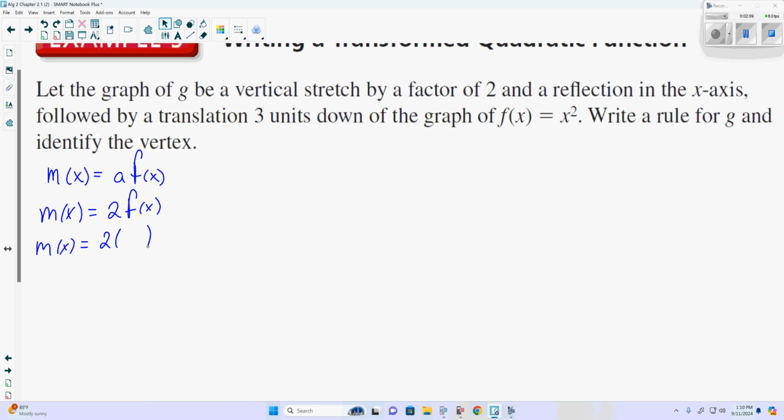Well, f of x, as it's solved by us here, is the equation x squared. So we can replace f of x with its equation, which is just x squared. And if we multiply these two here, we get 2x squared.